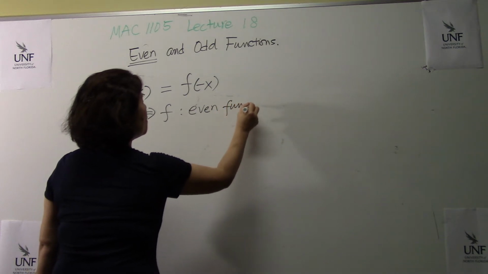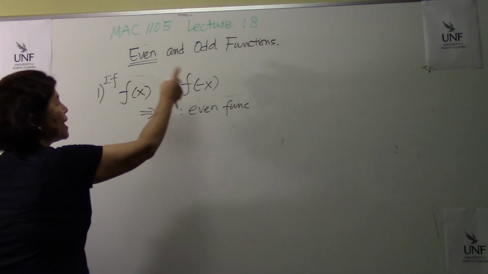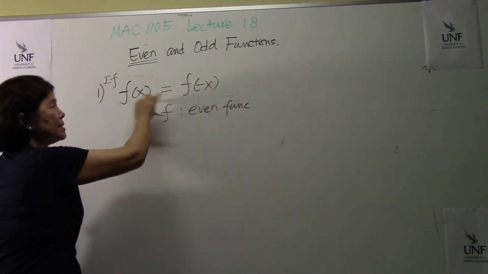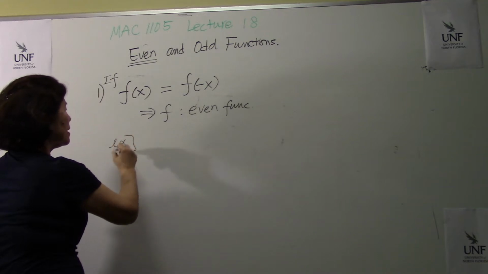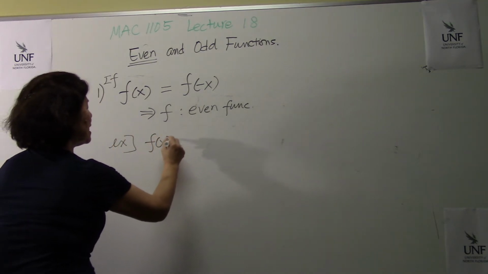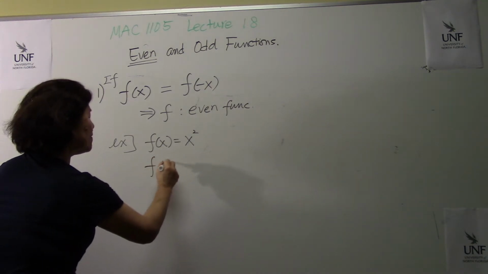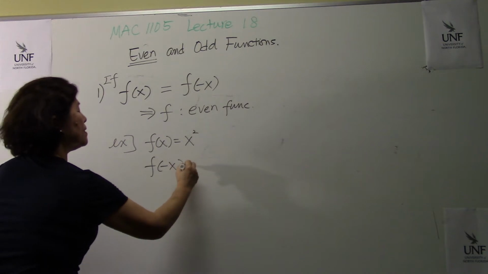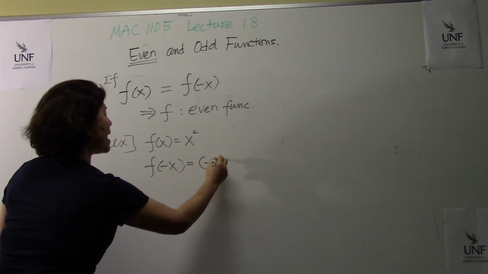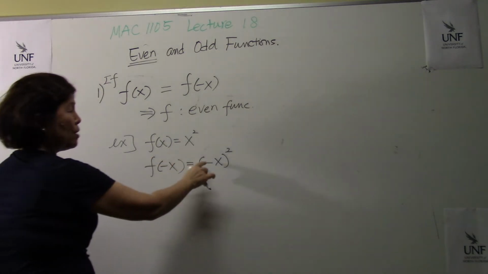Can you think of anything where you can switch this variable x to negative x and it's still the same? Well, the easiest example would be f of x equals x squared. You see? For f of negative x, negative x replaces x, and therefore it becomes negative x squared.